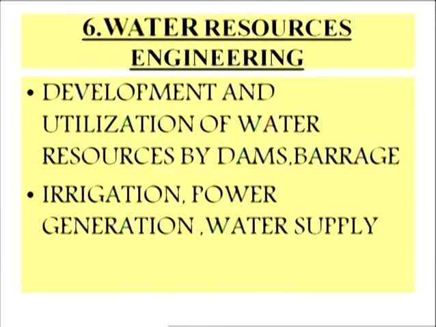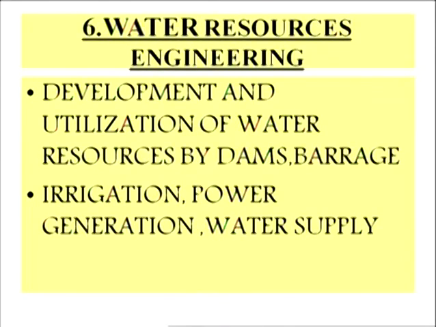Water resources engineering is concerned with the development and utilization of water resources by the construction of hydraulic structures like dams and barrages. It is mainly concerned with irrigation engineering.